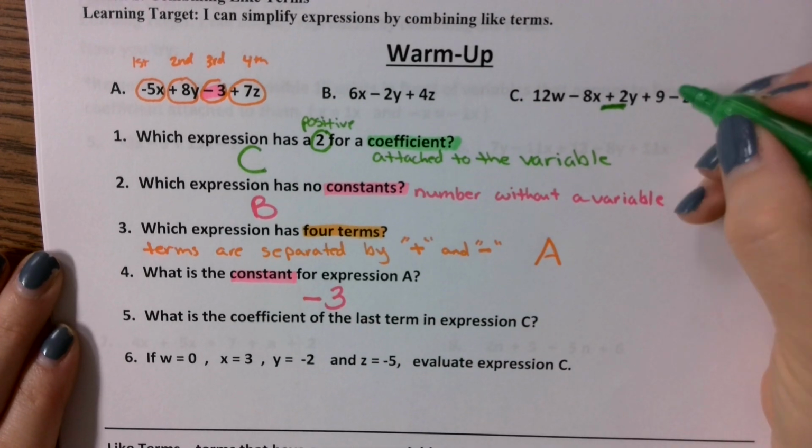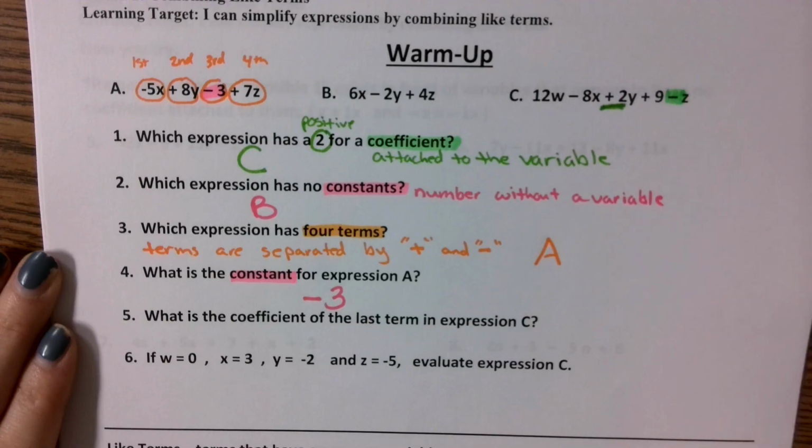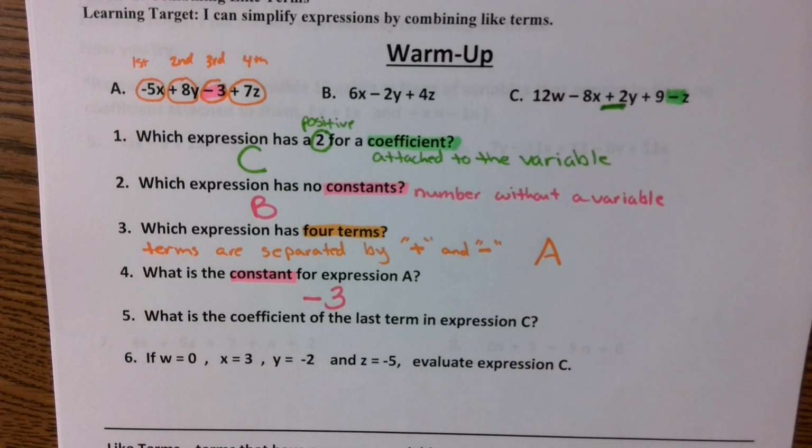-1. Guys, if you turn around and you look at the back board over there, where you see invisible math, the bottom row, one of the purple papers, it says every variable has a coefficient of 1. So if it doesn't have a coefficient there, then it's a positive 1.